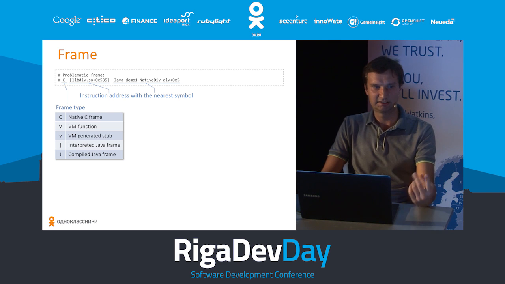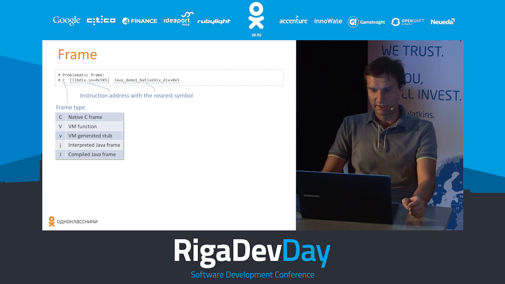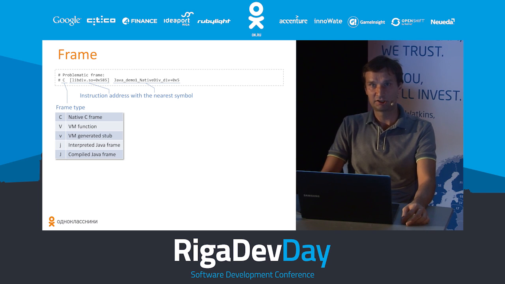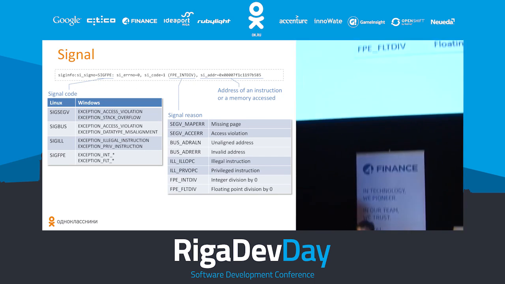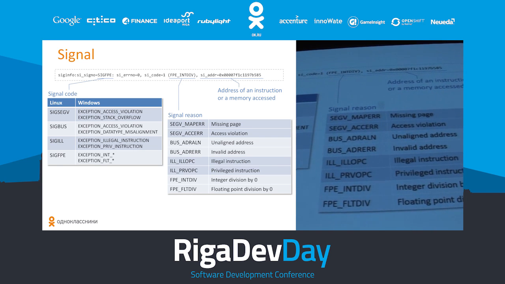In our case, the C character stands for a native method. The address has been decoded to the name of the native function plus the offset in bytes from the beginning of the function. The next block is the extended information about the exception. Along with the signal code, it contains the signal reason.